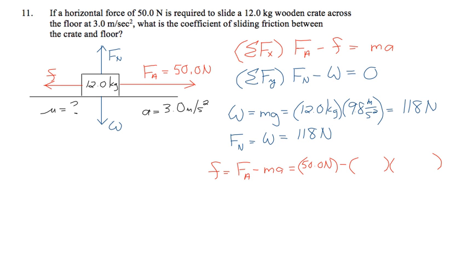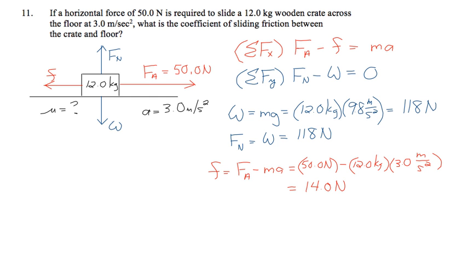For M, that's 12 kilograms. For the acceleration, that's 3 meters per second squared. And solving that, 50 minus 36, so 14. So 14 newtons, there's the friction.